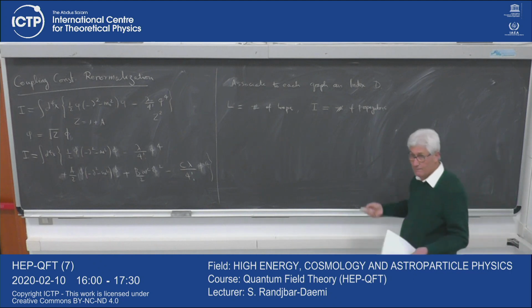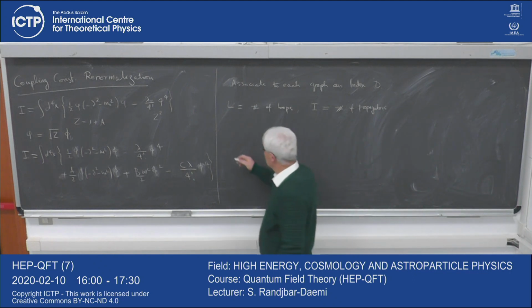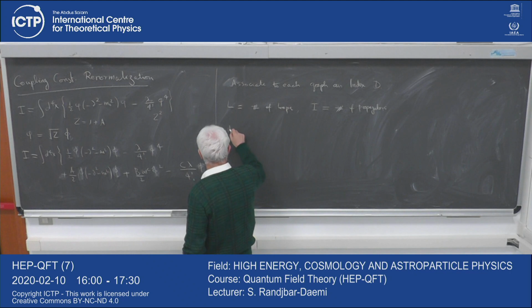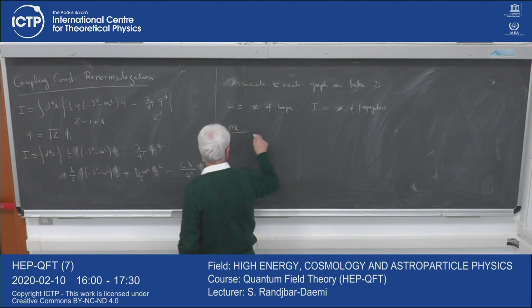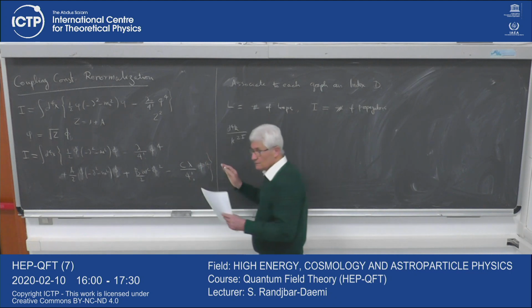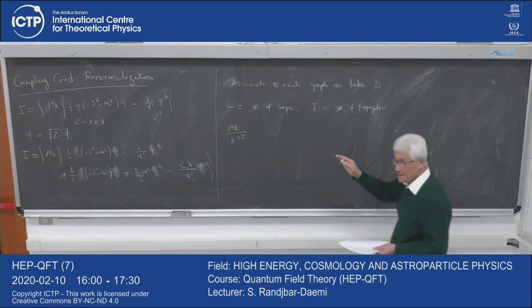So the loop graph will contain L powers of d4K in the numerator and 2I powers of K in the denominator. This is not, of course, a precise calculation.